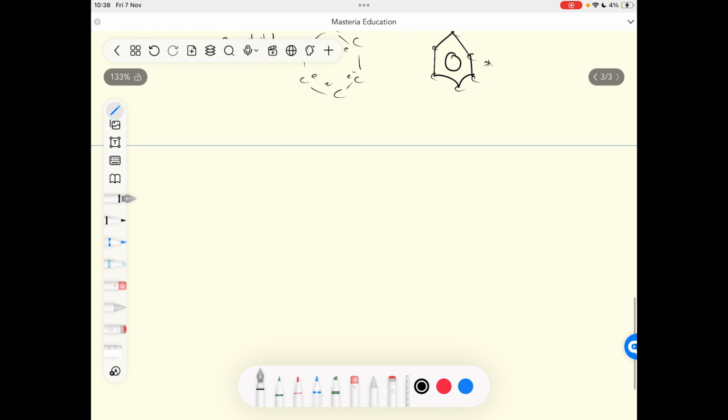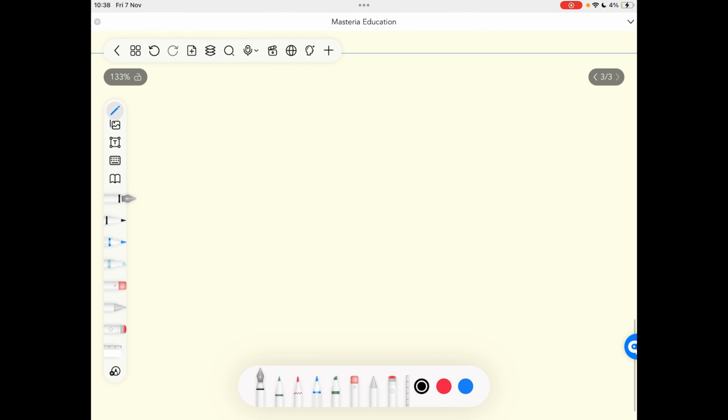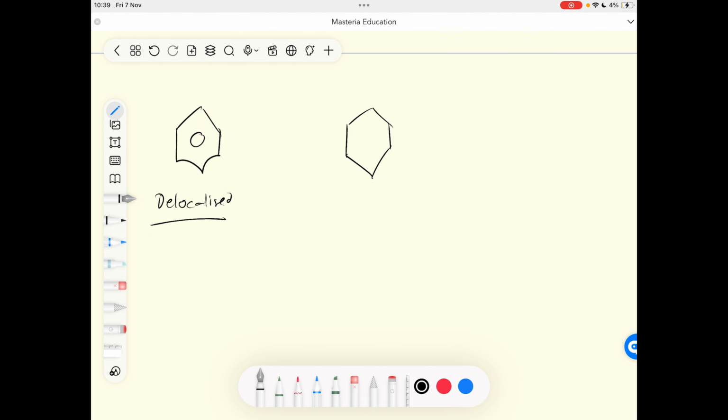Now, when benzene was first discovered, there were different theories about what it would exactly look like. So this model here that I've just shown us, this is called the delocalized model for benzene. However, there exists another model as well, which we need to know about, and that's called the Kekulé model. What happens in the Kekulé model is it's slightly different in that it still has the same formula.